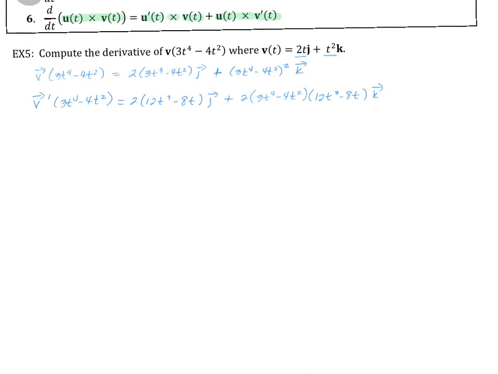And I'm actually done. However, oftentimes these can get pretty long, so you may be asked to write the form in a simpler way or in factored form.